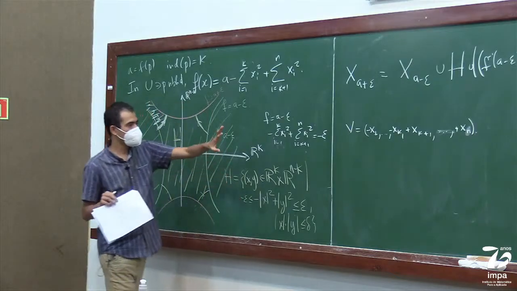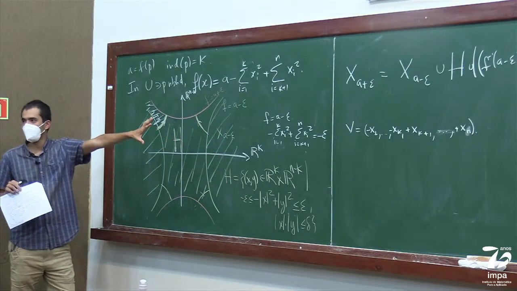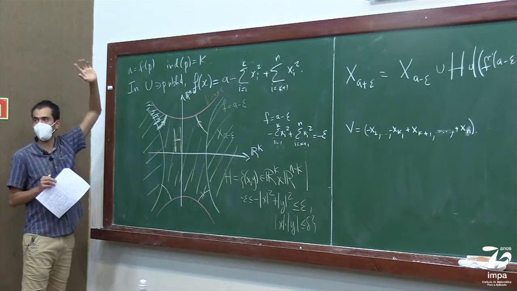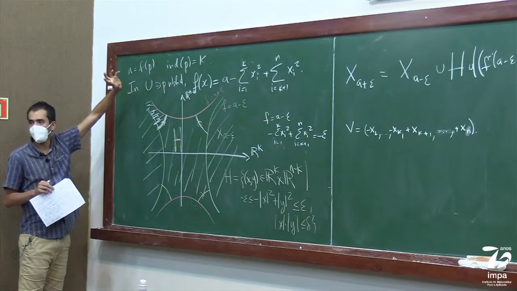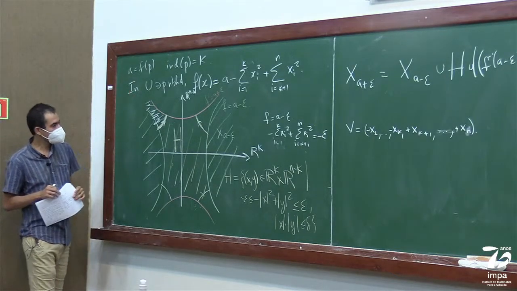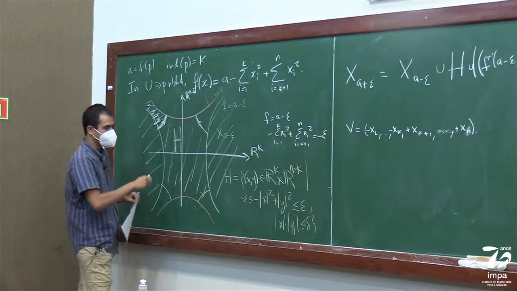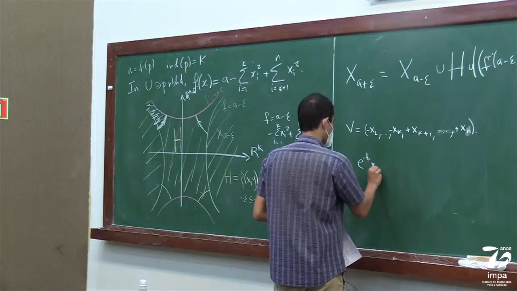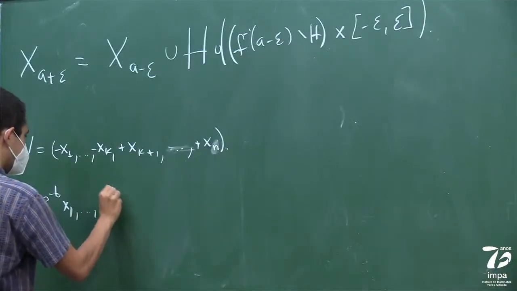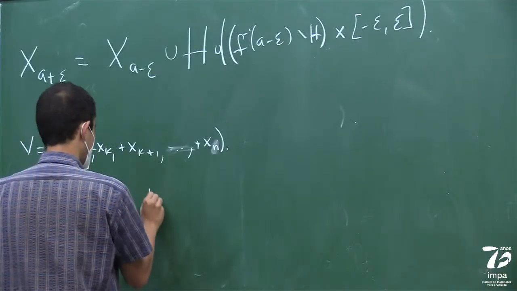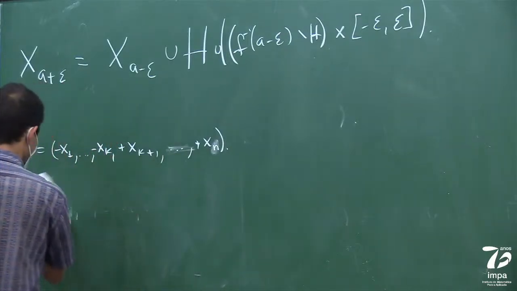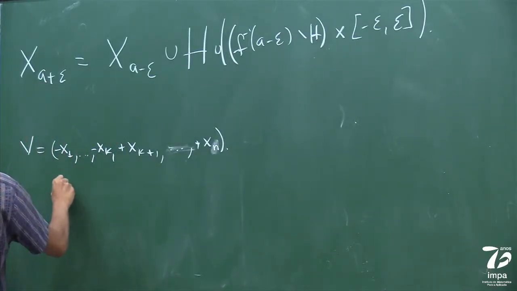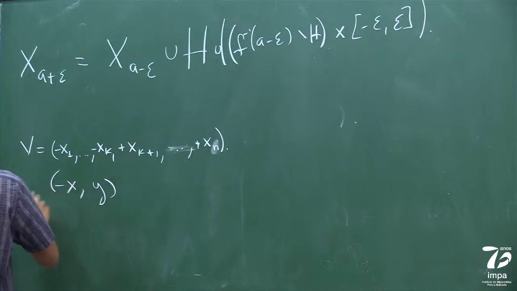Okay, but then the point is, if you look at this vector field, which extends outside of this neighborhood, outside of this neighborhood it's fine. You divide by the norm, and the flow of this is going to be e^{-t}x_1, ..., e^{-t}x_k, and then e^{t}, or I can write it like this, minus x and y.